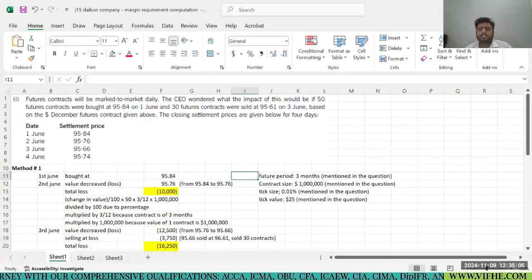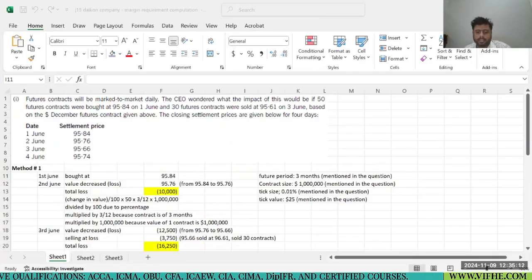Because in the futures exchange, for example, if you keep on making unrealized loss, there are chances that you will run away, correct? So in order to minimize the chances of you running away, the dealer asks you to deposit some funds.